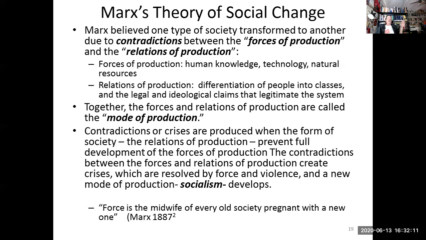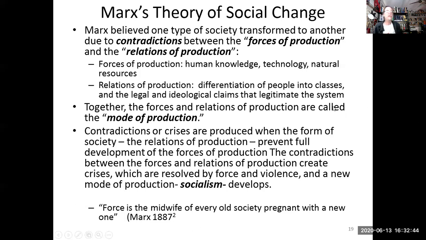He said the transitions from one social formation to another type of society were due to contradictions between the forces of production and the relations of production. The forces are the technology that's available in that society or social formation. The relations is how people relate to one another, the class system for the most part, how rewards are distributed and how obligations are determined and so forth.